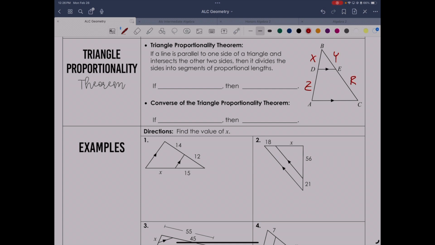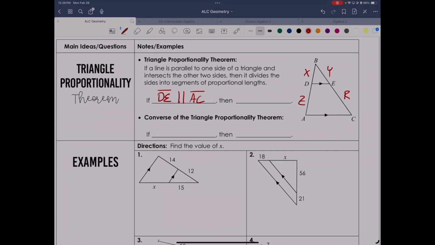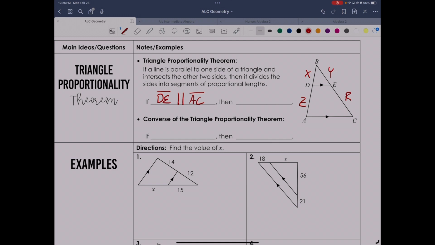So essentially what that says is that if line segment DE, the middle segment, is parallel to line segment AC, a segment out there, if those are parallel, then it divides the segments into proportional lengths.